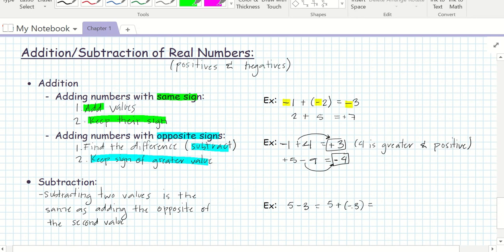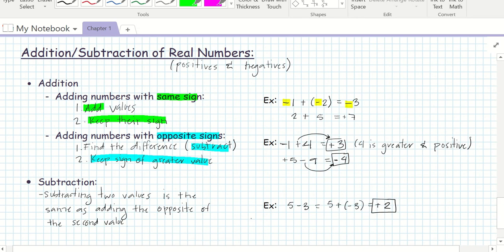So 5 plus negative 3, right? 5 is positive, 3 is negative. Opposite signs, so we go back to the rules for addition. Opposite signs, subtract values to find the difference, which is 2, and keep the sign of the greater value, which is positive. Okay? Here 5 is positive, so it's positive 2.